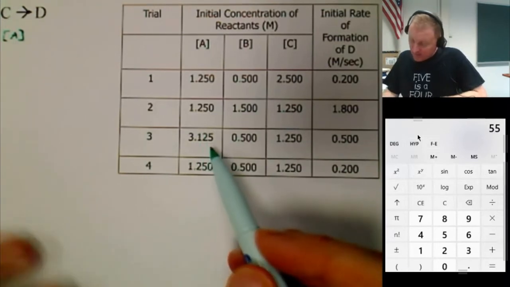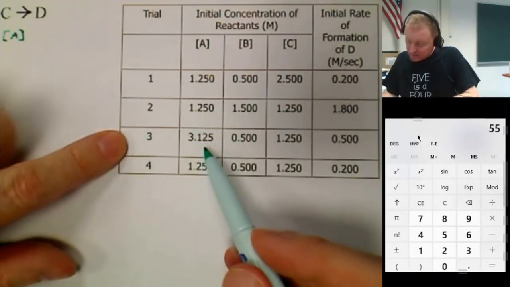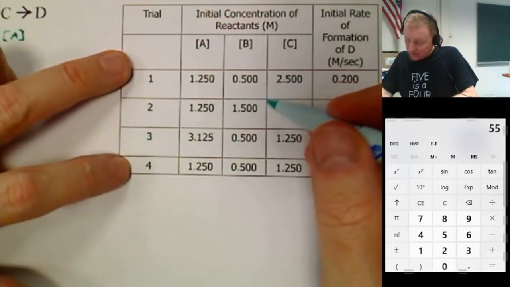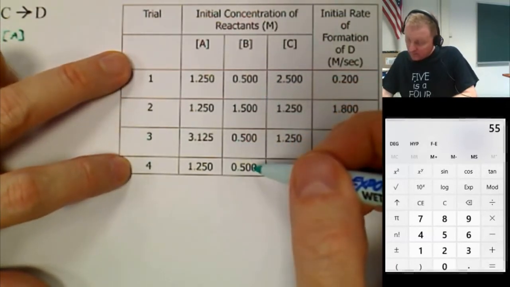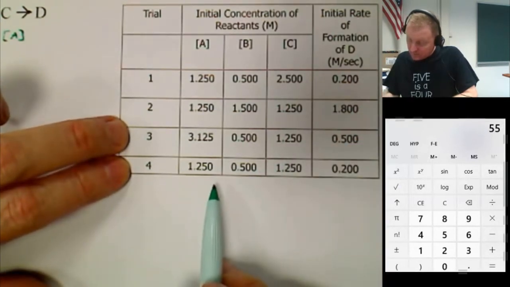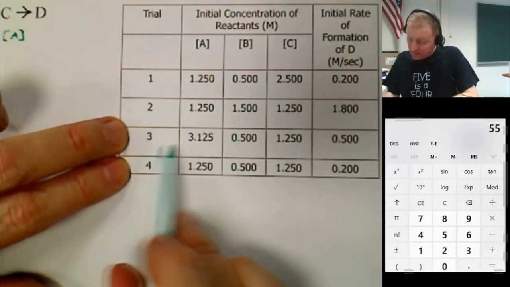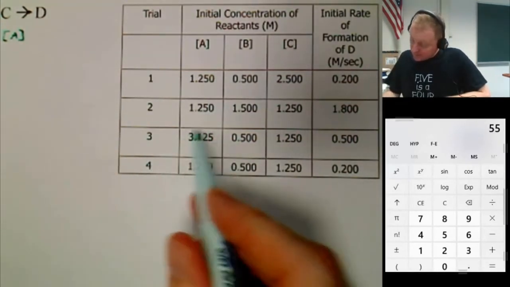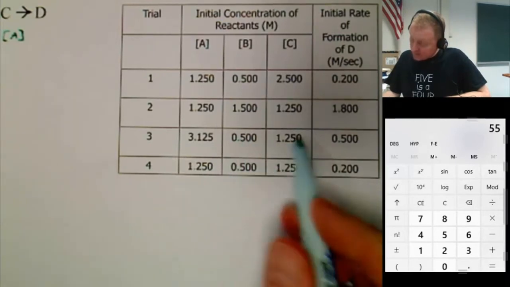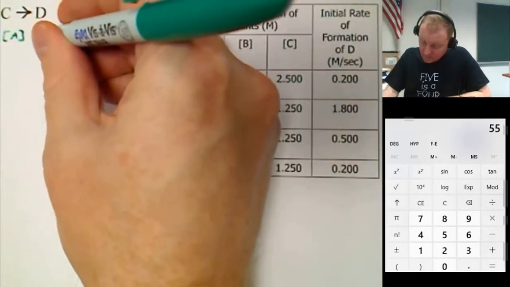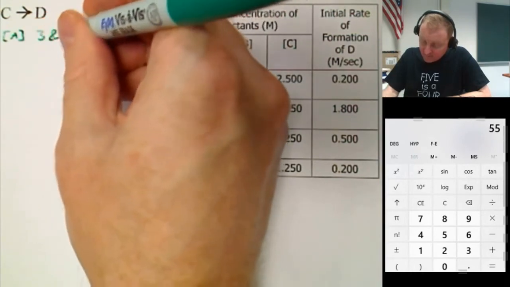So A's getting larger in this one, and if we use these ones here, only 1 and 4. Oh, never mind. There we go. Okay, for A, I would use 3 and 4. Because A is changing, but B is the same, and C is the same. So for A, I'm going to use 3 and 4.